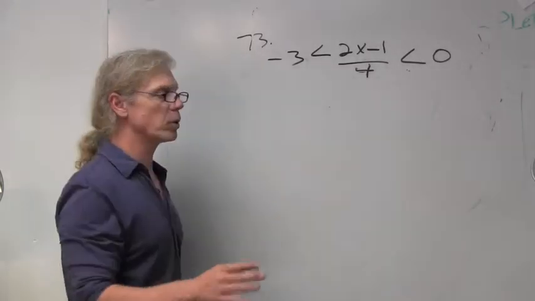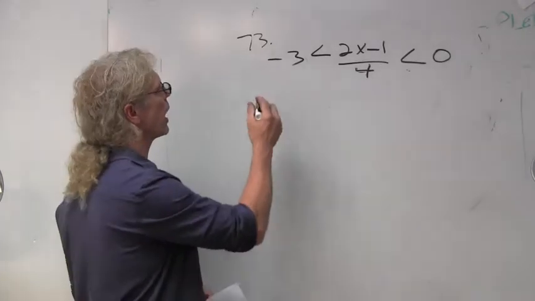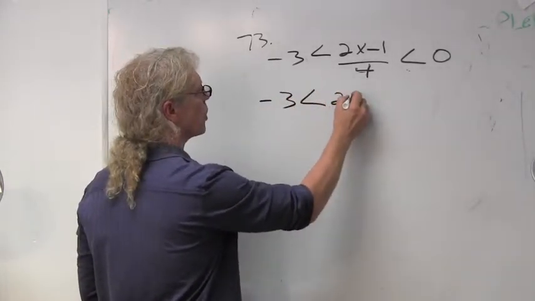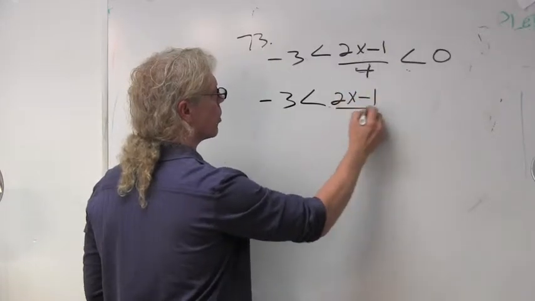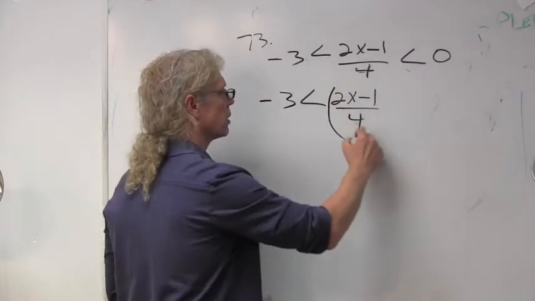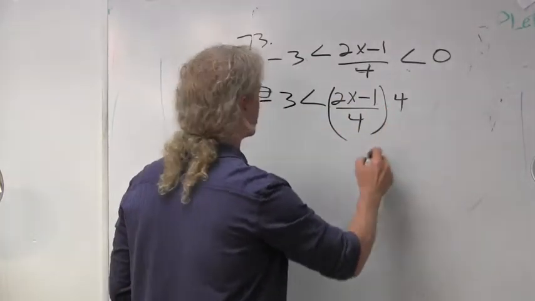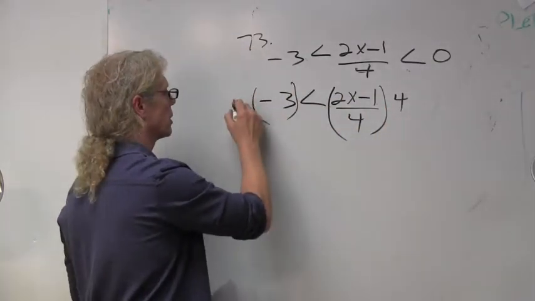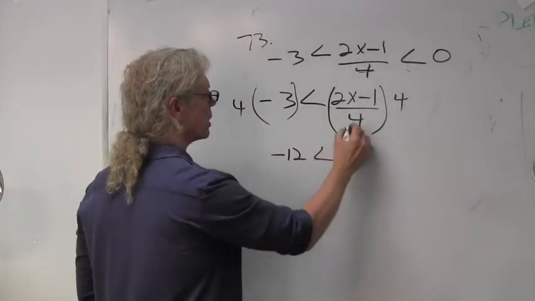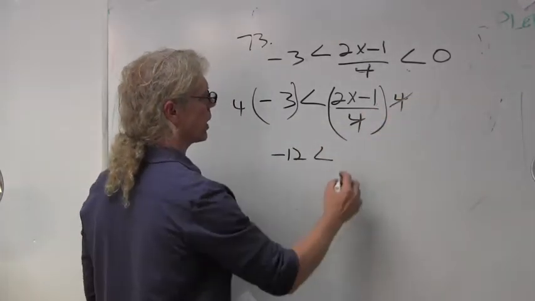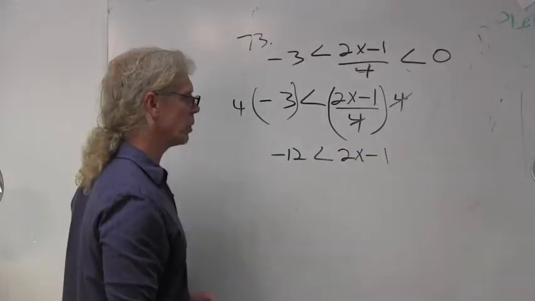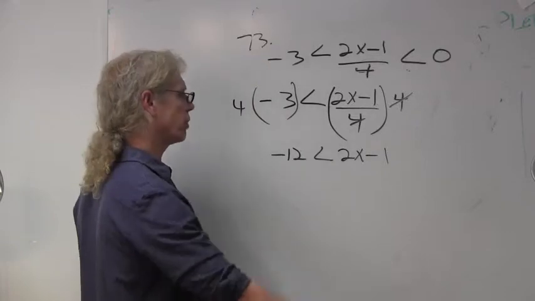First thing we will do is solve the left-hand side. -3 is less than (2x minus 1)/4. Let's get rid of that denominator. We multiply both sides by 4, ending up with -12 is less than, as the 4's cancel, 2x minus 1, making it a very simple problem to solve.